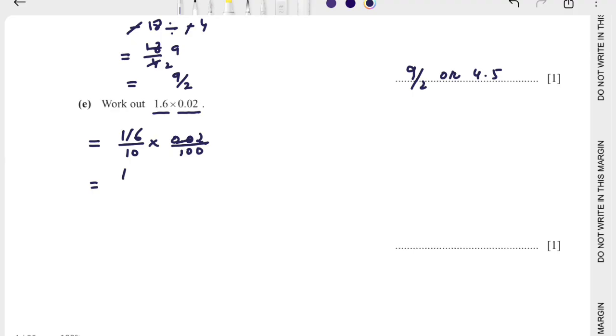So it will be 16 multiplied by 2 divided by 10 times 100, and it would be 16 times 2 is 32 divided by 1000, and when you divide it you get 0.032. This would be the answer, 0.032.